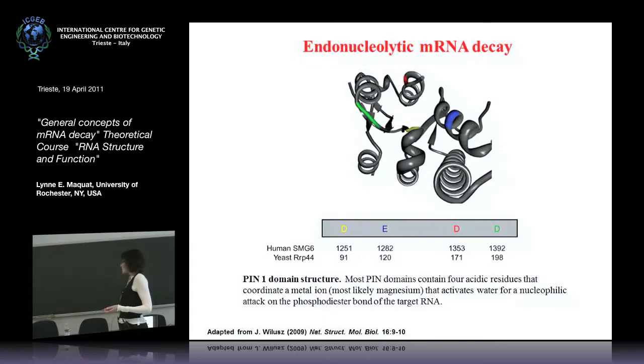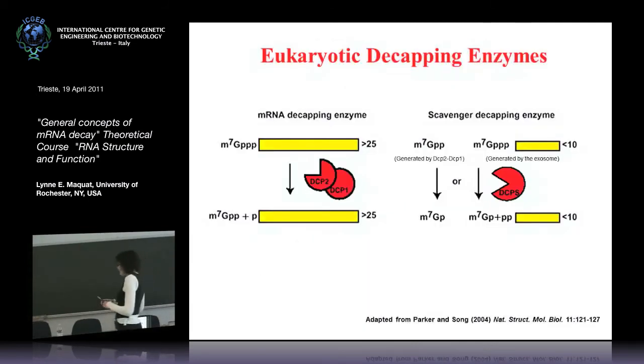Remember, I told you that you could delete RRP44, and as long as you had RRP6, you were okay. The yeast weren't growing extremely well, but they're viable. So this must mean the endonuclease activity is not essential. Quite frankly, nobody really understands how it contributes to mRNA decay. And we're going to talk about SMG6 when we talk about NMD next time, tomorrow. It also has a PIN domain and is also an endonuclease.